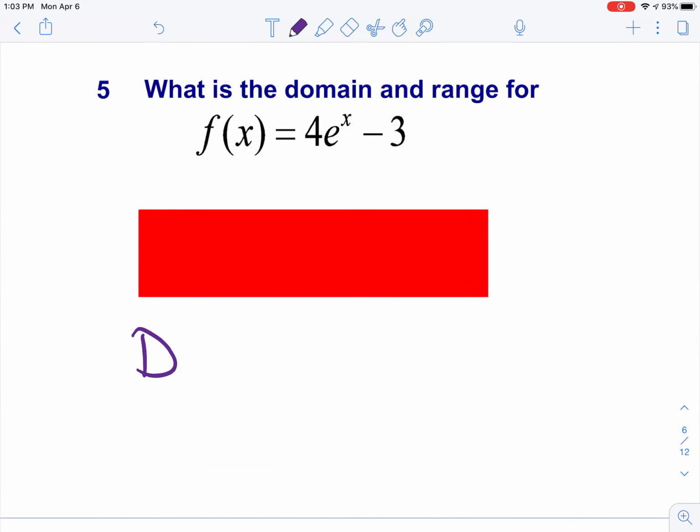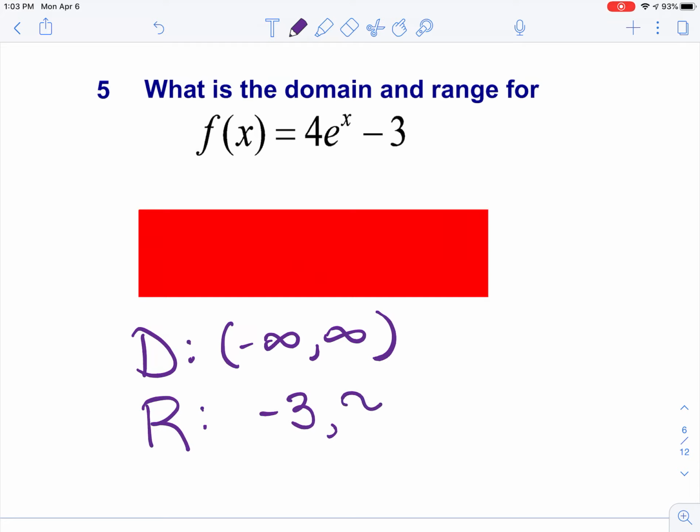And can it be -3? Nope, there's a horizontal asymptote there, so it's going to be a parenthesis. So make sure you know that.